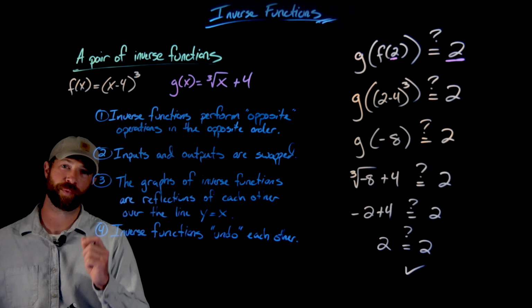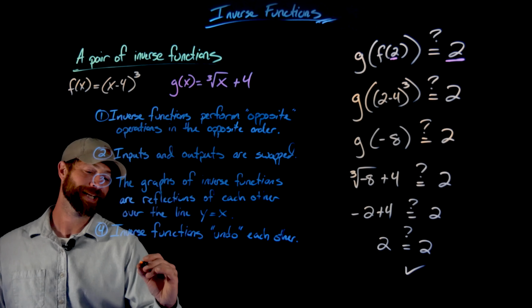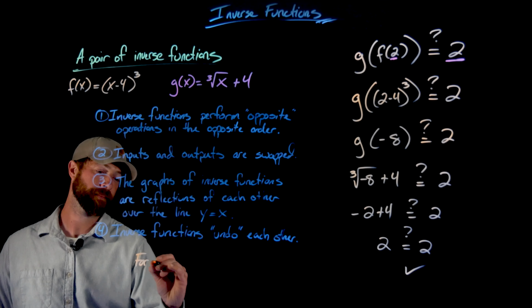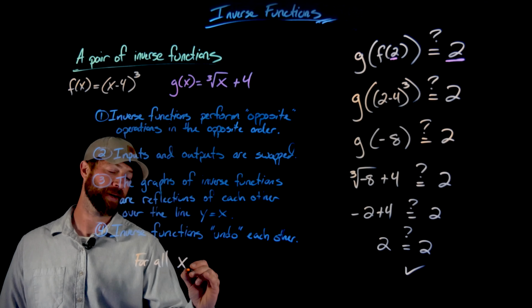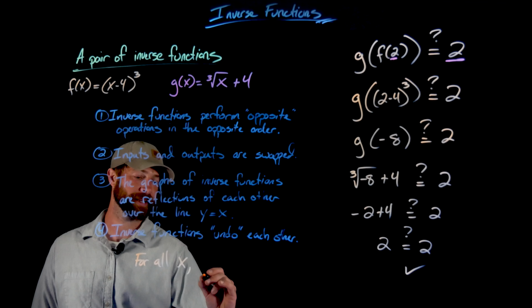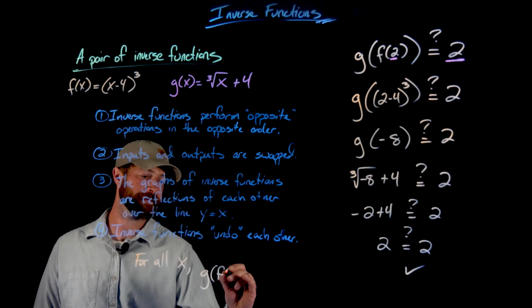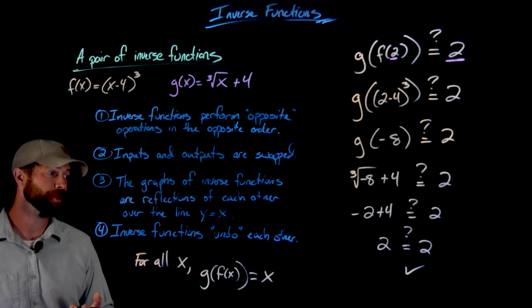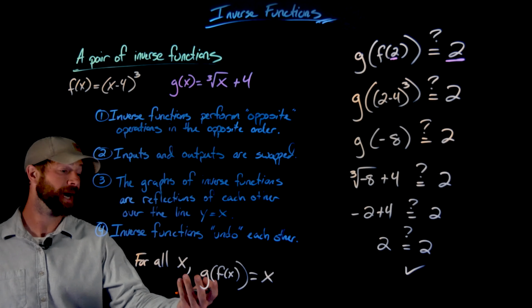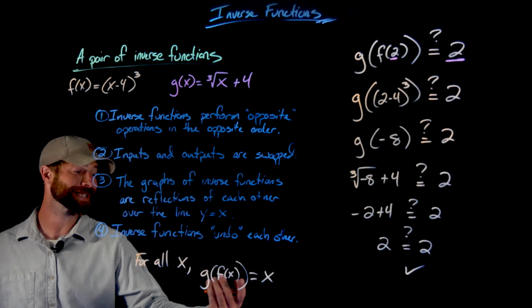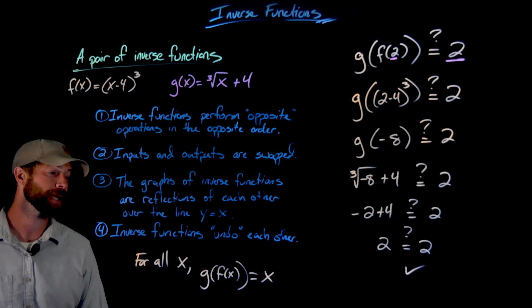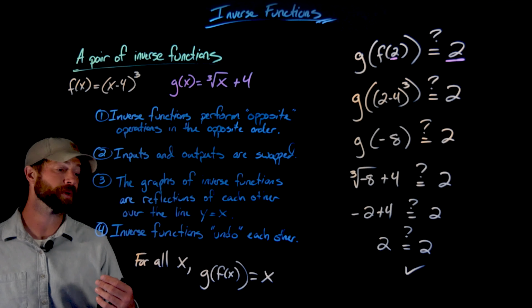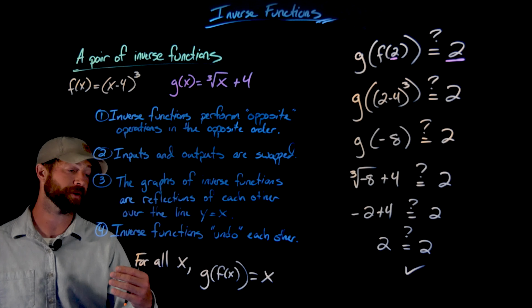Or more generally, what I'm stating is that for all x values, g of f of x will end up being x. Or in other words, we could say that when I compose my inverse functions, I get out the identity function. And actually, this is true if f or g is the outer function.